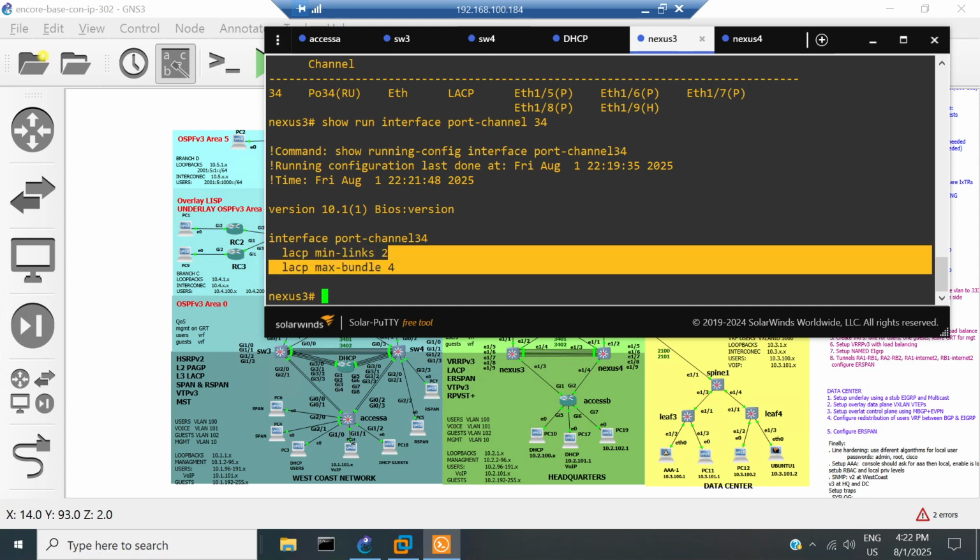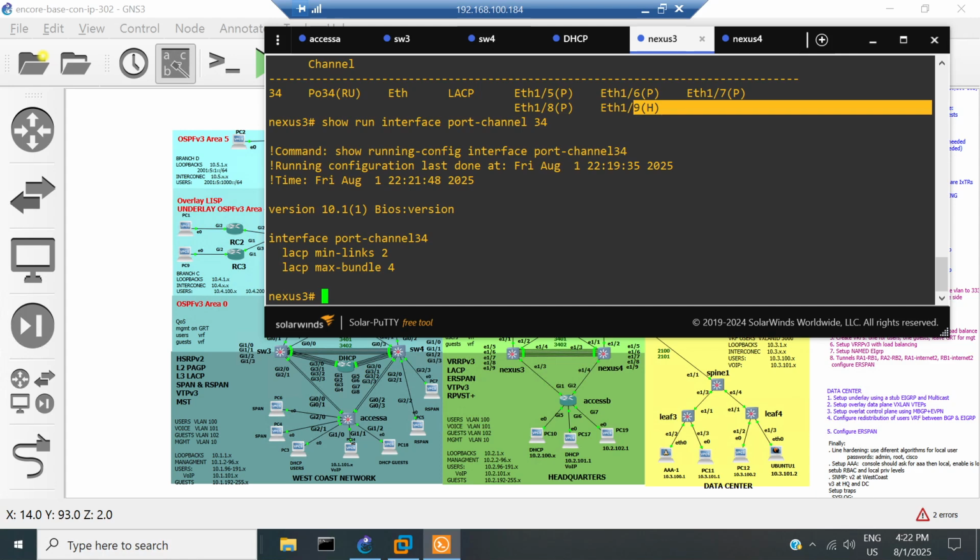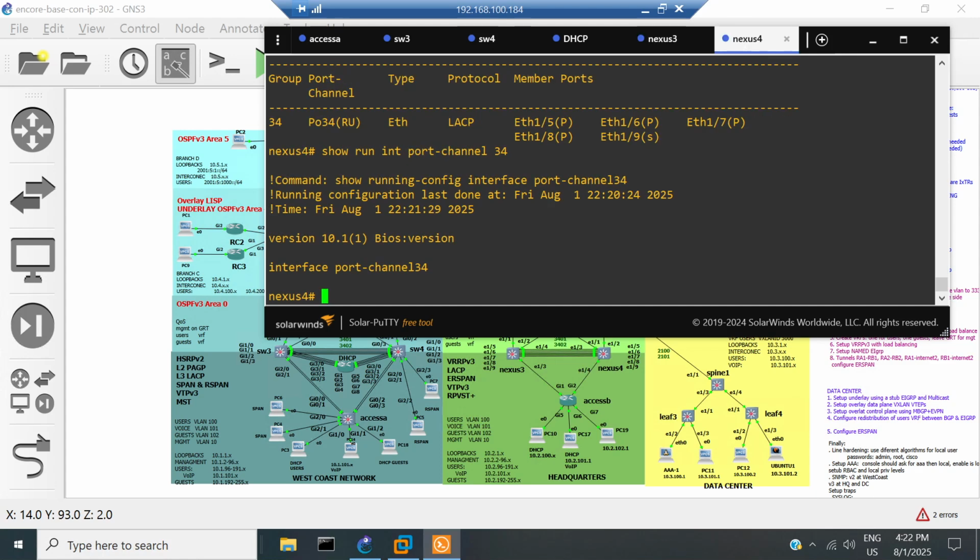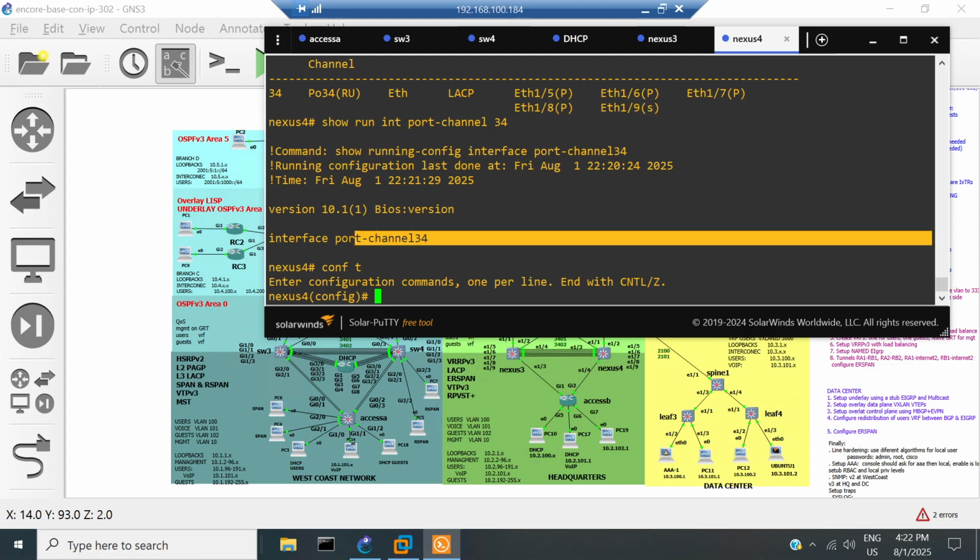When I have max bundle, this command output gives me enough information to know this is in hot standby mode. Whereas on the other side, I don't have the max bundle command configured, so the only information that I get is that it is in a suspended mode. I don't have enough information to know that this is in suspended mode because the other side is in hot standby mode. So the best practice is configuring the same on both sides.